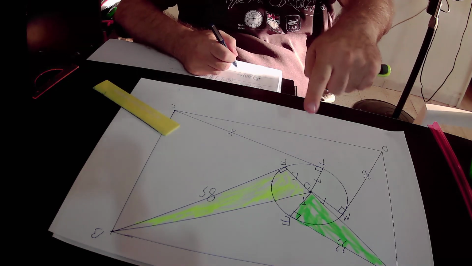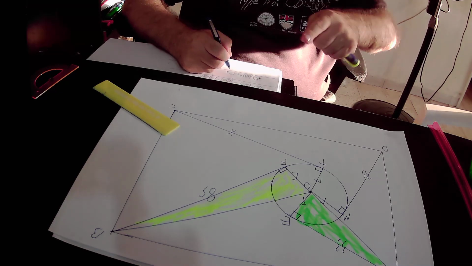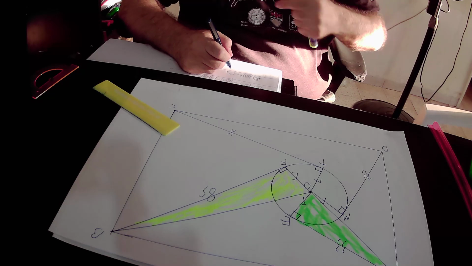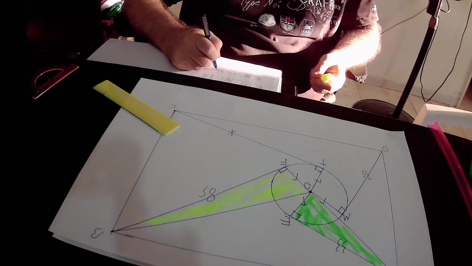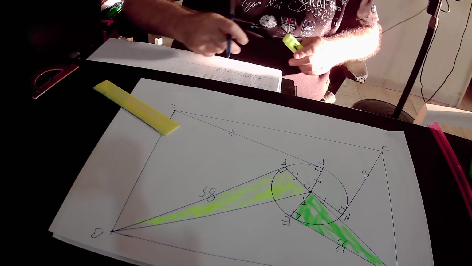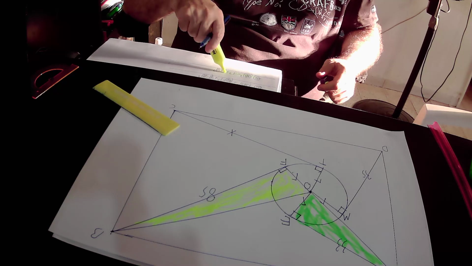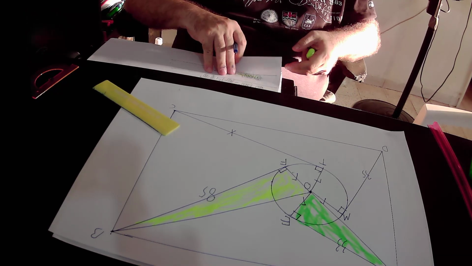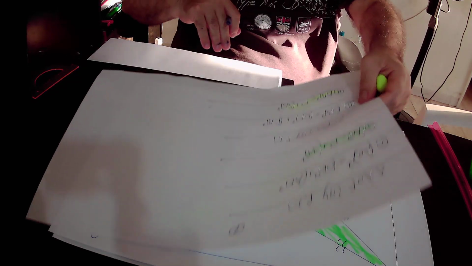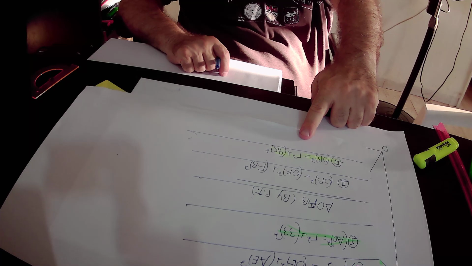OF equals R, therefore OF squared is R squared, plus FB squared. FB equals 85, therefore FB squared is 85 squared. In conclusion, according to equation number 2, we found out that OB squared equals R squared plus 85 squared.